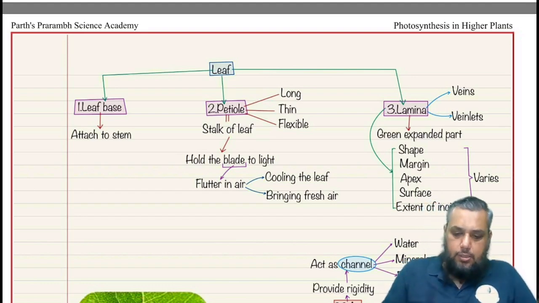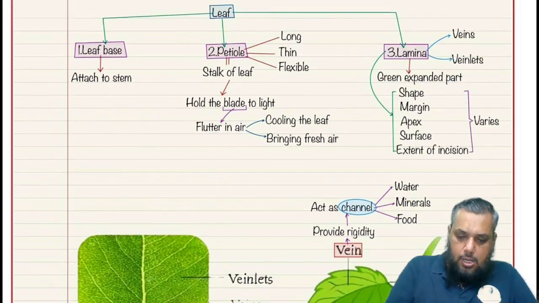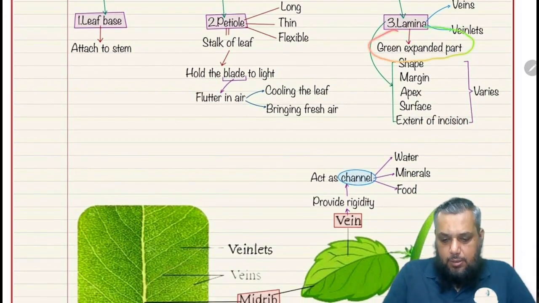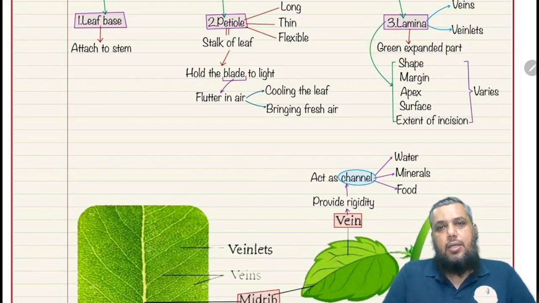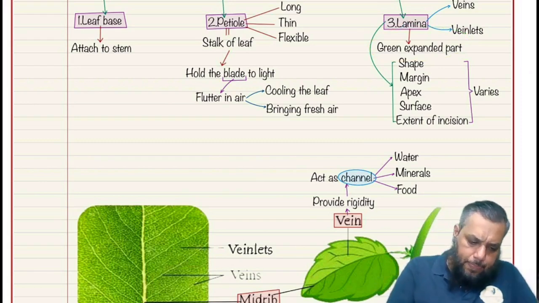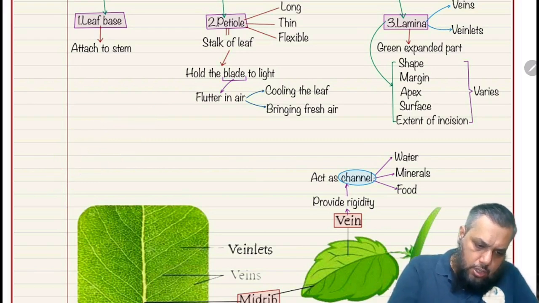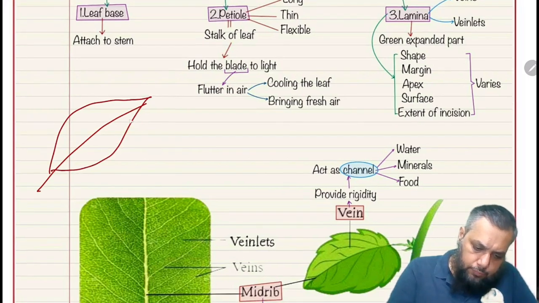The third part, that is the lamina, is the green expanded part. We see that the lamina will show the presence of a main vein.